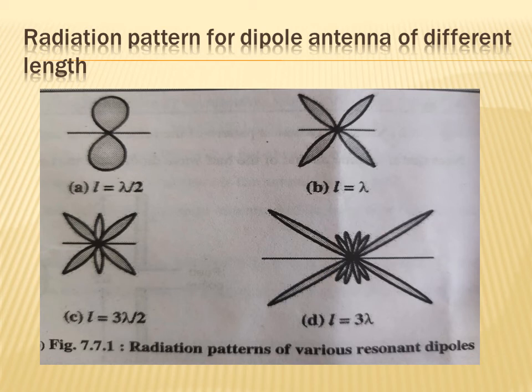So if the length is lambda by 2, the radiation pattern is shown in figure A. If the length is lambda, it is shown in figure B. For the length 3 lambda by 2, it is shown in figure C, and for length 3 lambda, it is shown in figure D. So these are the radiation patterns for different lengths of dipole antenna.